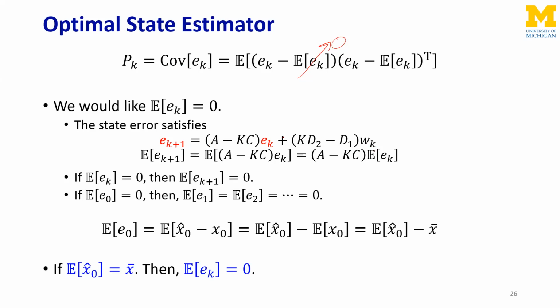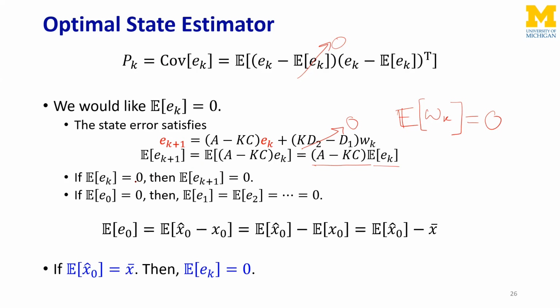Since these matrices are constants, I can pull them out, and I'm only looking at the expected value of ek and the expected value of Wk. Oh, by the way, the expected value of Wk, very fortunately, because of our judicious choice of the noise characteristic, is 0. So we completely get rid of this term. We are only left with these terms, so the expected value of ek plus 1 is this.